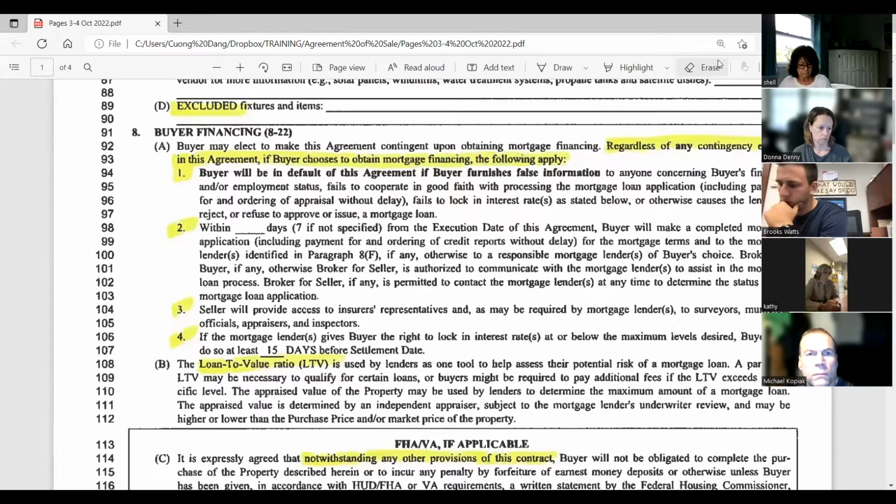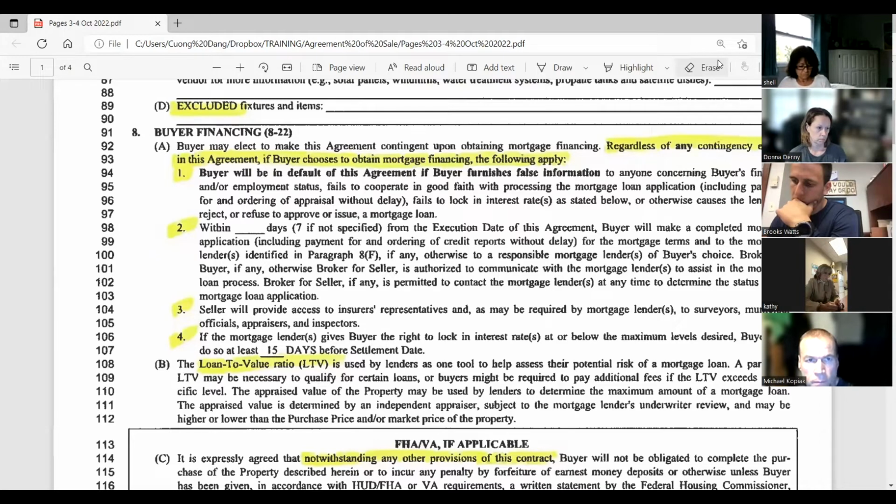Buyer may elect to make this agreement contingent upon obtaining mortgage financing. Regardless of any contingency elected in this agreement, if buyer chooses to obtain mortgage financing, the following applies. Okay, so this applies if they get a mortgage, regardless of whether they waived or made the mortgage contingency a part of the elected contingencies.